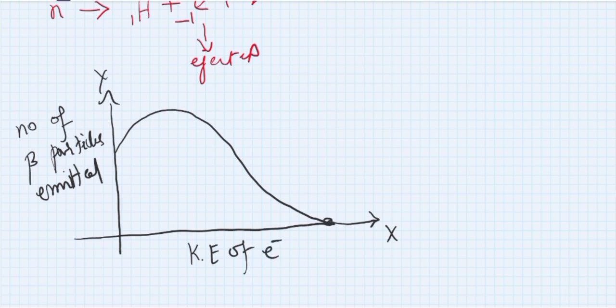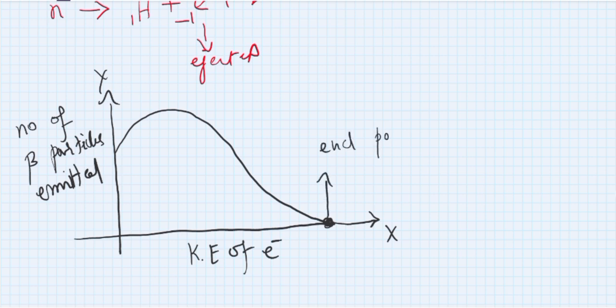So what happens is the kinetic energy attains a maximum at this point. That means this is the maximum kinetic energy of the emitted electrons, right? This is the point called the end point energy.